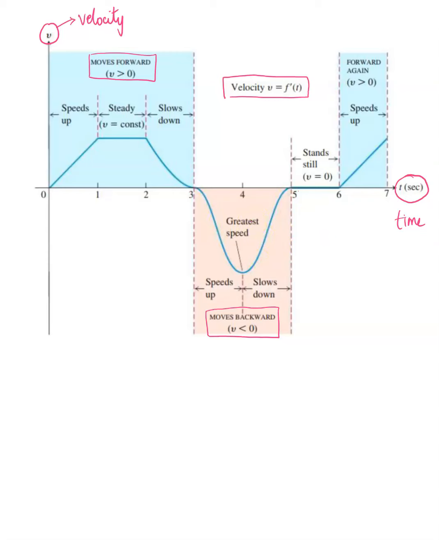Now, if we rewrite this whole thing, this velocity, instead as a speed, that means this pale orange shaded region that is happening below has to be flipped to the space above the x-axis. It should go above the x-axis if we want to talk about the speed, because speed can only be positive. When they say greatest speed, we're talking about the absolute value. The absolute value of v would give us the speed, right?